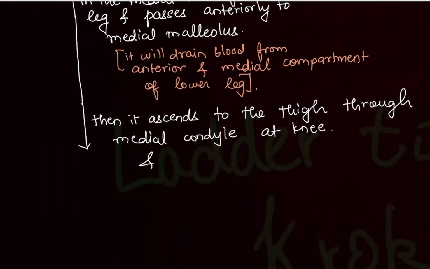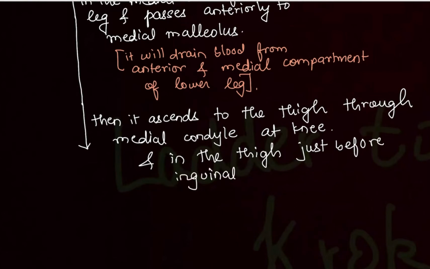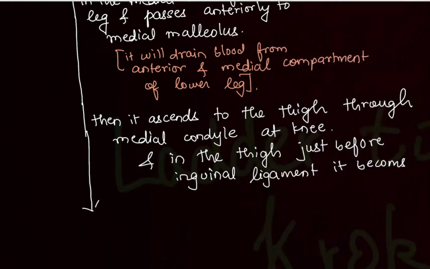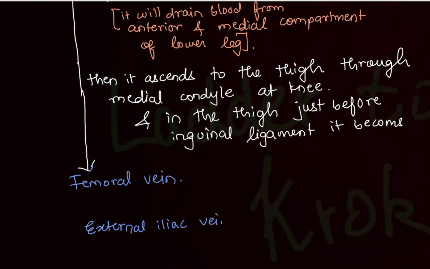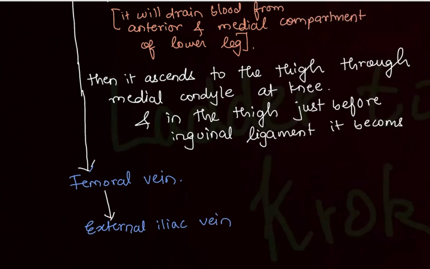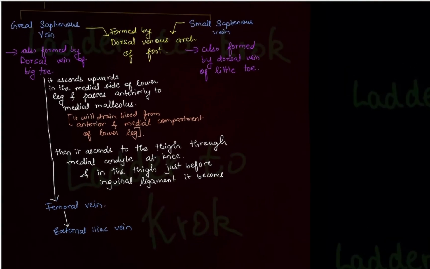Okay, and write down, and in the thigh, just before inguinal ligament, it becomes which vein? It will become femoral vein. What it will become? Femoral vein. This femoral vein will further drain into this external iliac vein. Okay, so this was about the great saphenous vein.